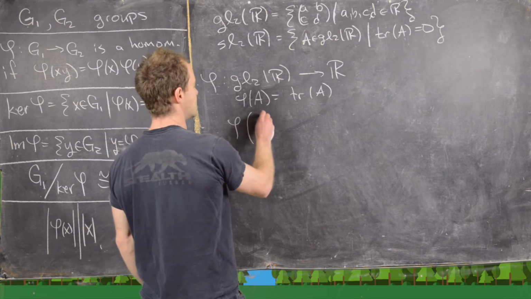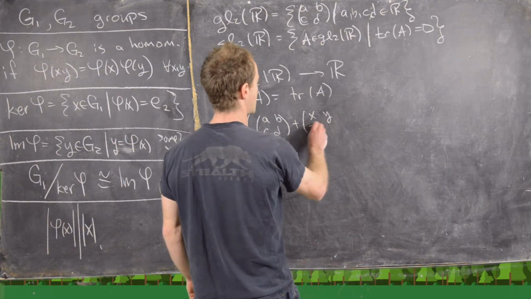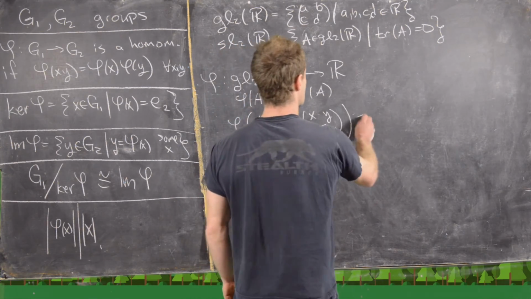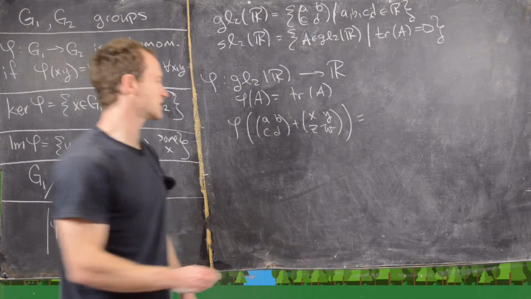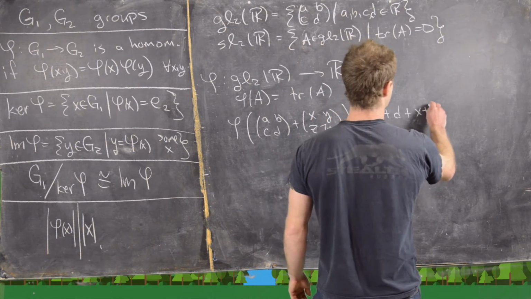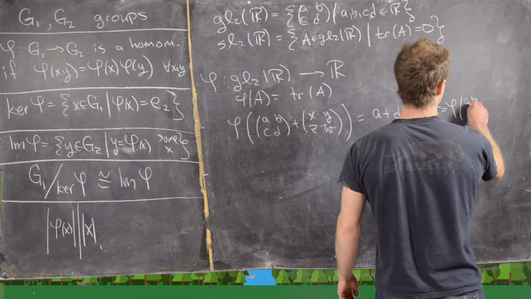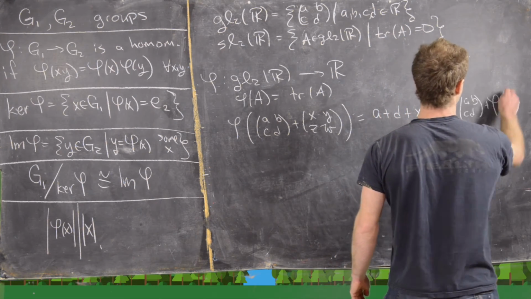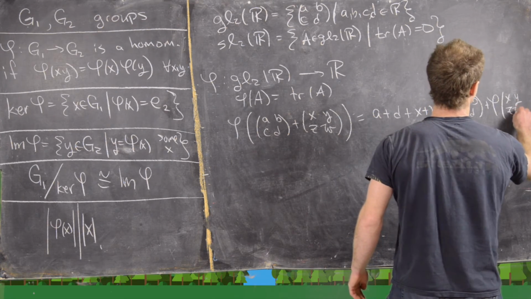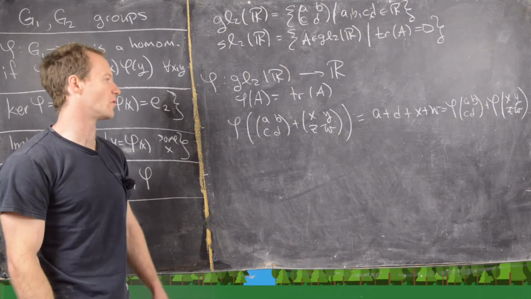Notice if we have phi of the matrix (A, B; C, D) plus the matrix (X, Y; Z, W), that is clearly equal to A plus D plus X plus W, which is equal to phi of (A, B; C, D) plus phi of (X, Y; Z, W). Okay, good. So clearly a homomorphism.